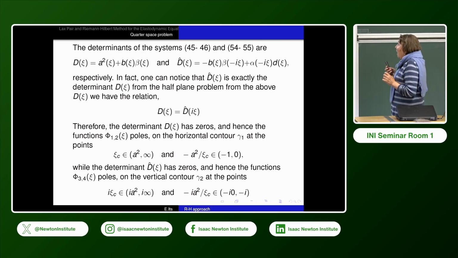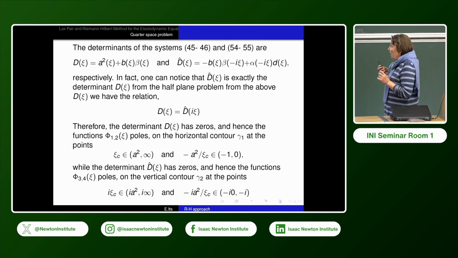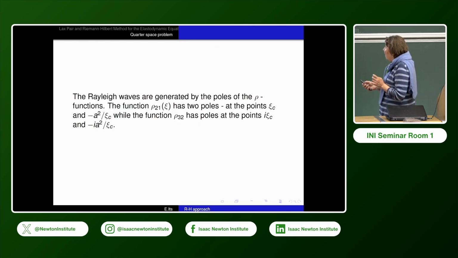Of course, the Rayleigh waves are generated by the poles of these functions. So we have 2 poles for the horizontal parts, 2 poles for the vertical parts.